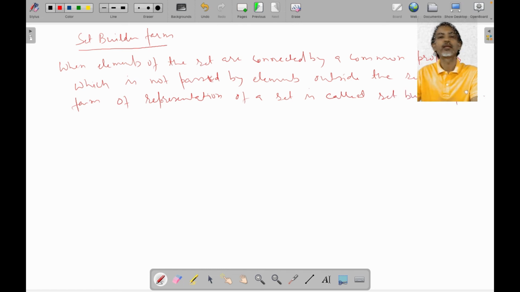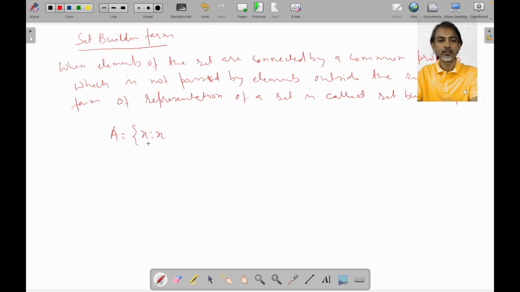So what do we mean here? For example, the same example, if A is the set of all vowels, the collection of all vowels of the English alphabet, I could write it like this also. I'll explain how to write it.